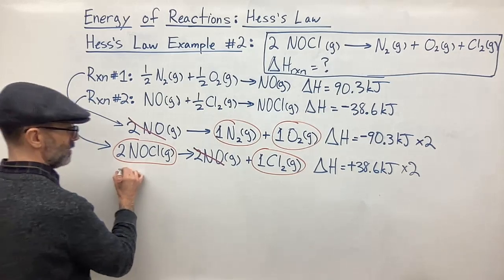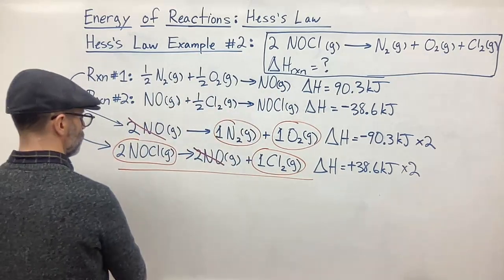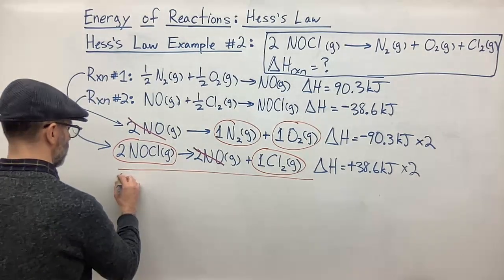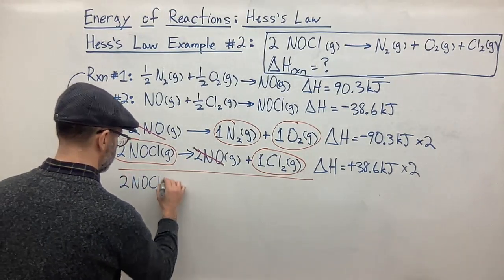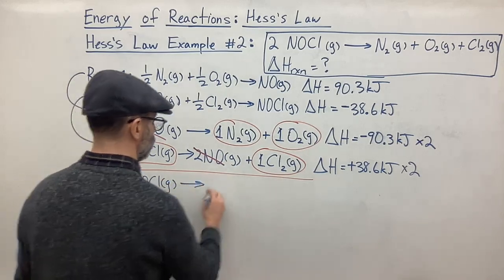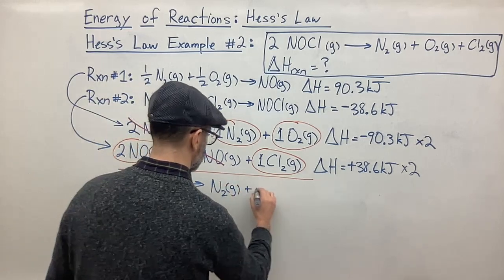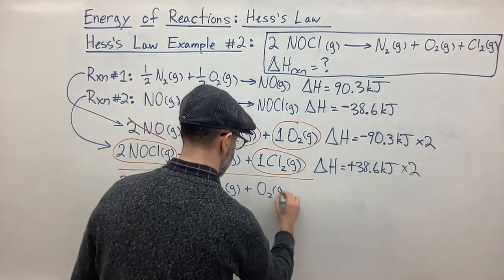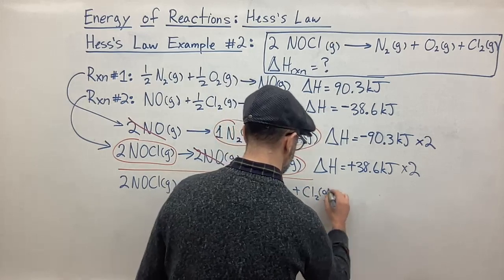So when I add these together, I get my resulting equation. So my resulting equation is 2 NOCl gas goes to N2 gas plus O2 gas plus Cl2 gas.